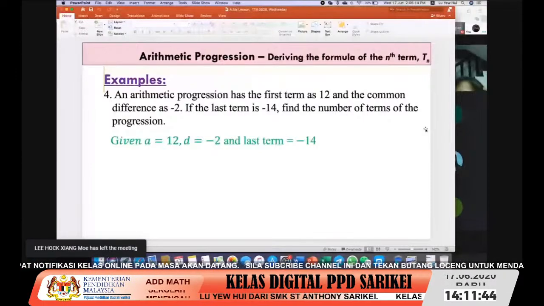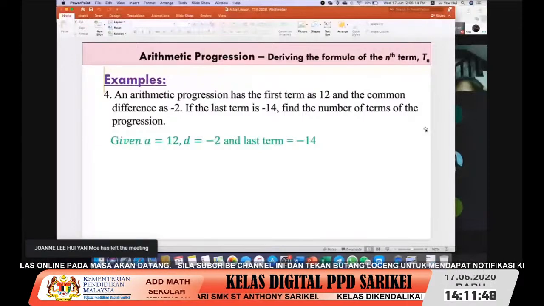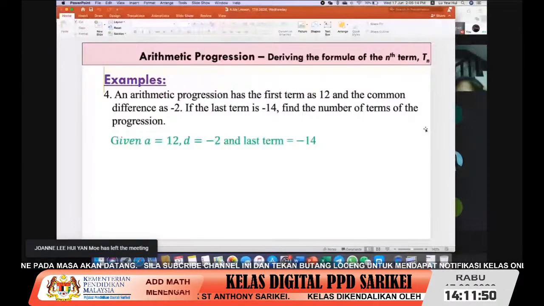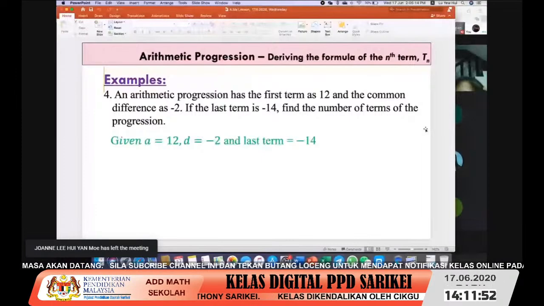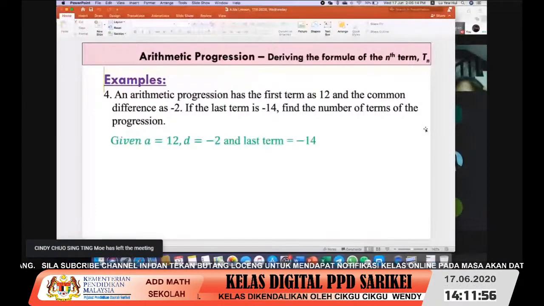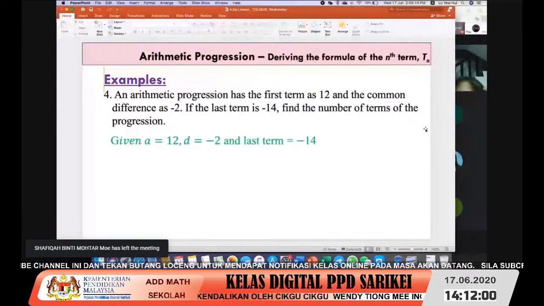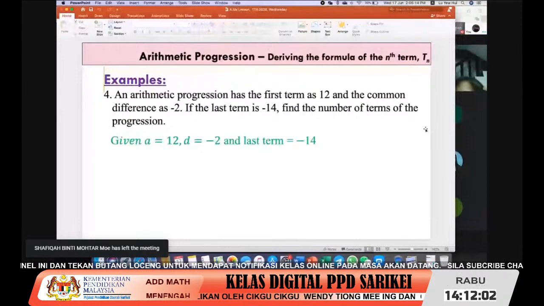The d given is negative 2. So make sure that you write bracket negative 2. All right, is equal to negative 14.